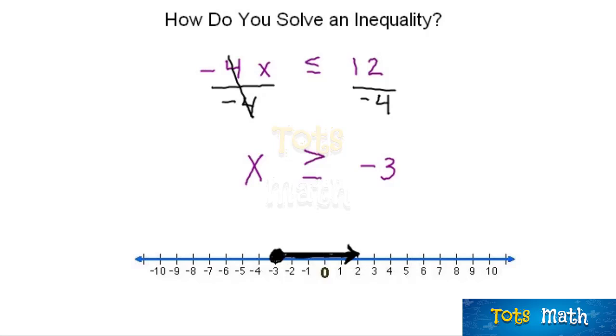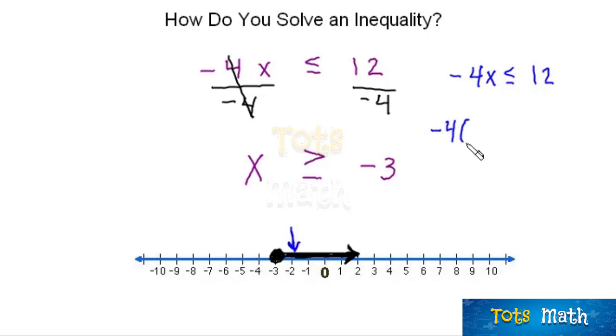And now let's test our solution. We're going to choose a value that's greater than or equal to negative 3. So this time let's test negative 2. We can rewrite the inequality: negative 4x is less than or equal to 12. And this time we're going to substitute negative 2 for x.